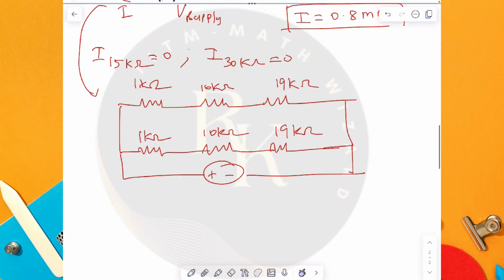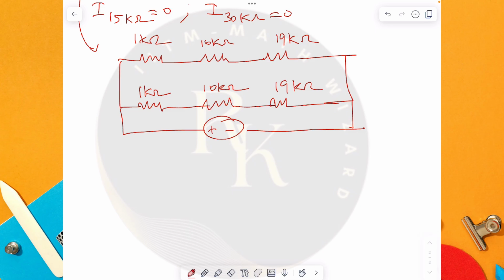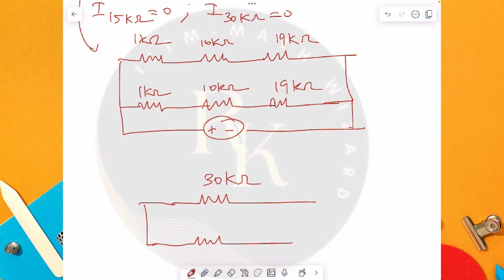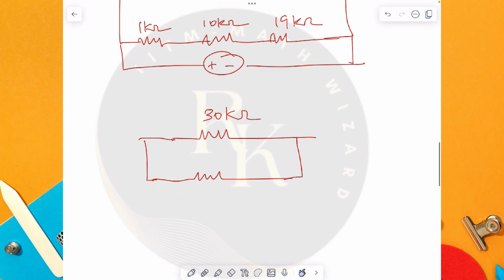Hence further I am going to redraw it. I will get this 30 kilo ohm at the top, followed by 30 kilo ohm at the bottom, followed by the total voltage supply.